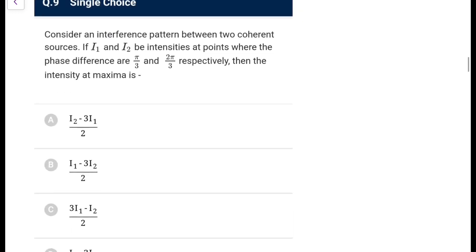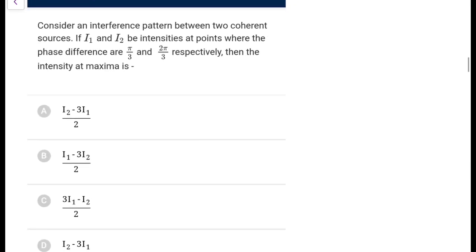Next one, consider an interference pattern between two coherent sources. I1 and I2 are the intensities at points where the phase differences are given, then find the intensity at maxima. So you know, at any point the general intensity for two coherent sources would be I of first source plus I of second source plus 2 root IA IB cos theta.